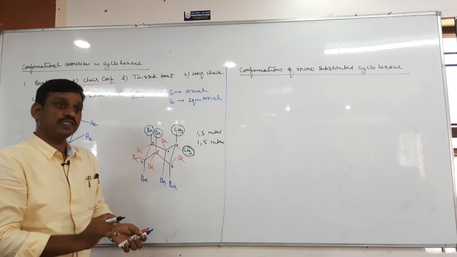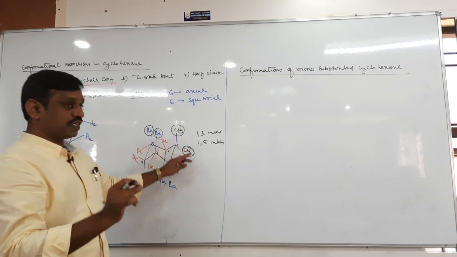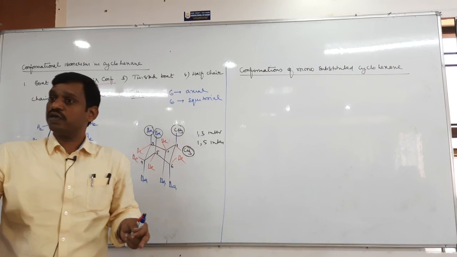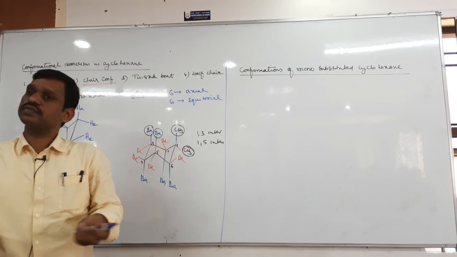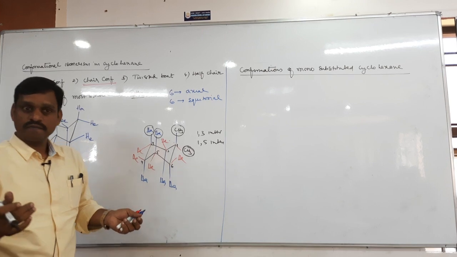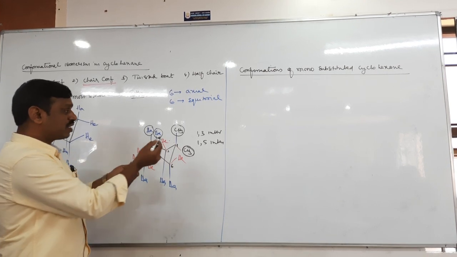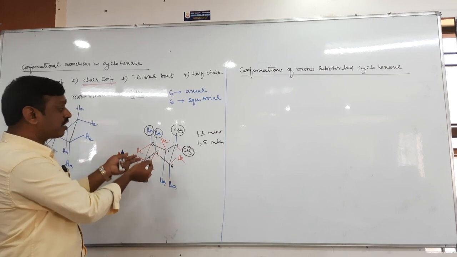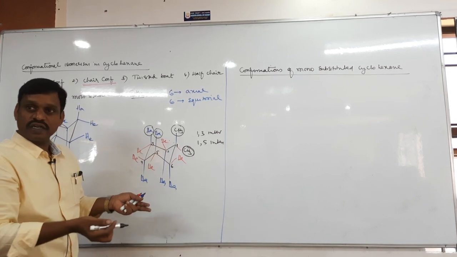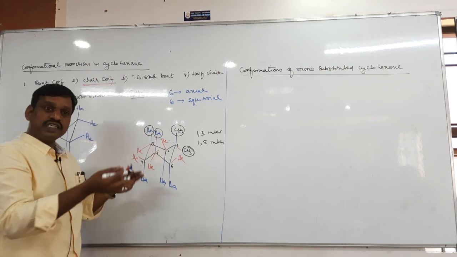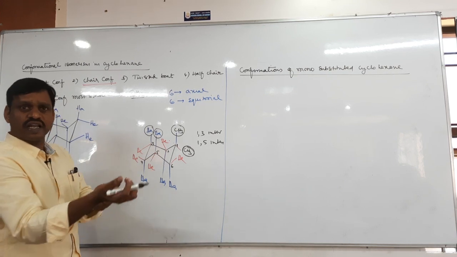Now the question is, if one methyl group or one substituent is present on cyclohexane, where should it be present? Axial? Why axial? If it is present at an axial position, it has interaction, no? Interaction means repulsion.